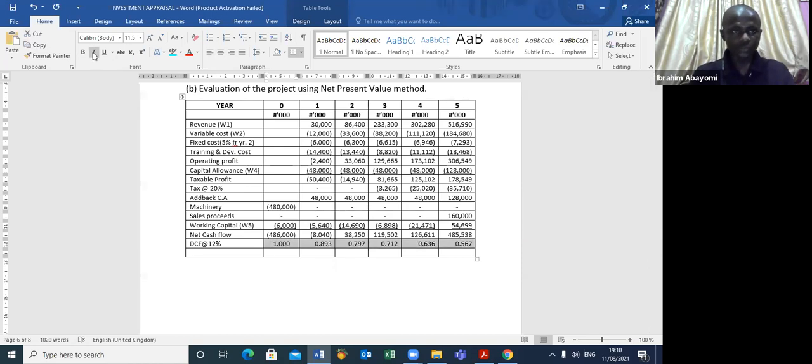Okay, so let's look at what we are going to have. What is the present value? Present value for year 0 is still 486,000 negative.